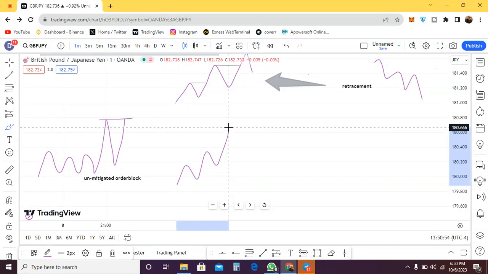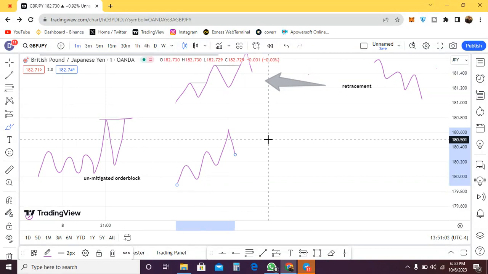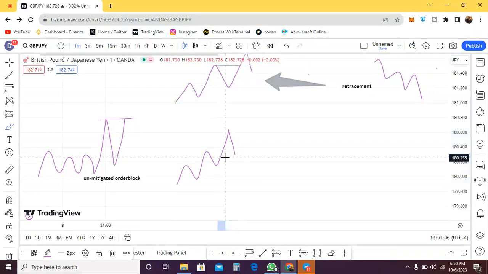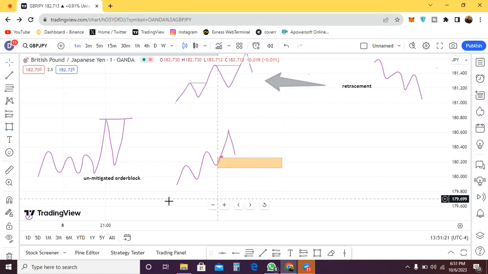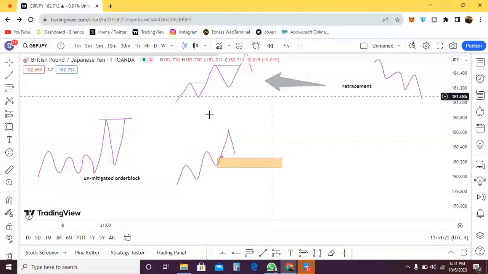Once we have a clear sign of what price is already doing, if this price starts coming down, we consider this to be a retracement, and our reference point for entry would be either an order block around this side or a fair value gap. So we can either use an order block or a fair value gap around this point over here to take an entry for a trending market, which is for a retracement.